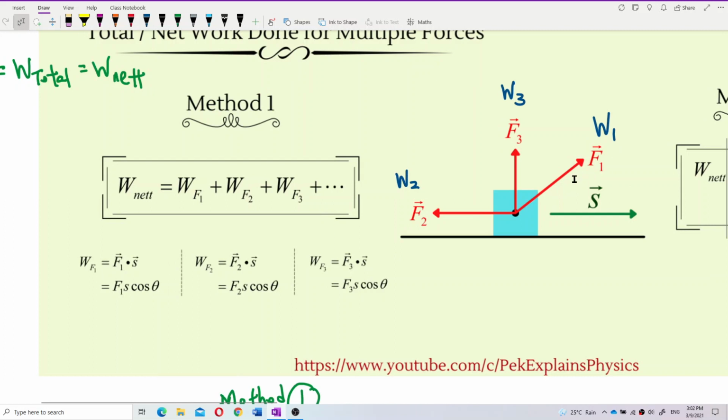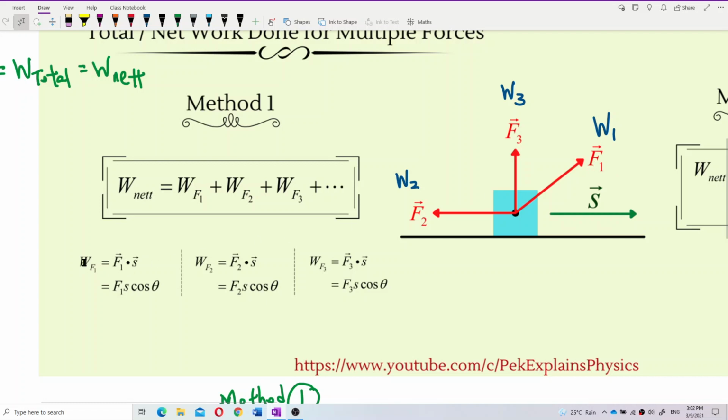Work done F1: you see that as subscript, I put F1. If our force is F1, then it is F1 multiplied by displacement; if it is F2, we use F2 multiplied by displacement; if F3, F3 multiplied by displacement.